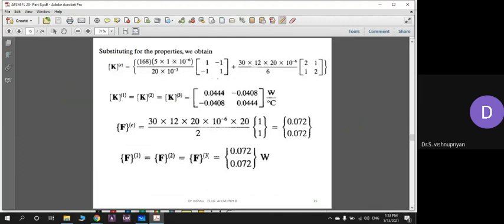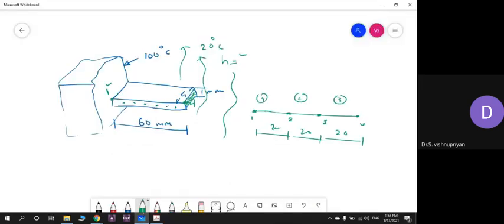Now what is A? A is this area. This area is a rectangle. So 5 millimeter times 1 millimeter. That is 5 times 10 power minus 3 times 1 times 10 power minus 3, because I am converting them into meters. So 5 times 1 times 10 power minus 6.